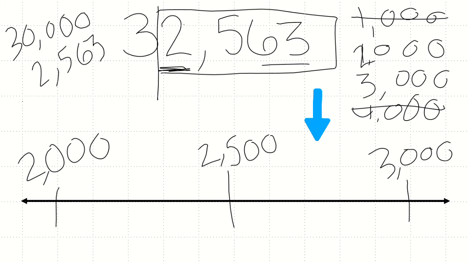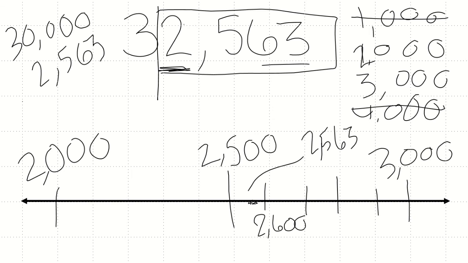So 2,500, 2,600 would be here, 2,700, 2,800, 2,900. So 2,563 is between 2,500 and 2,600. So I'm going 63. We're going to put it right about here.